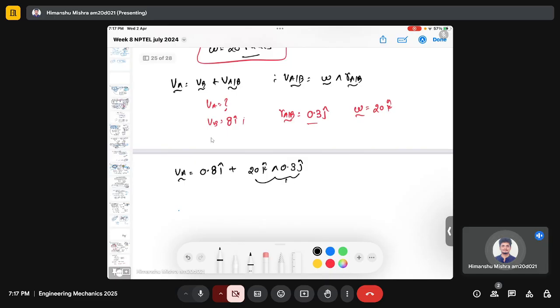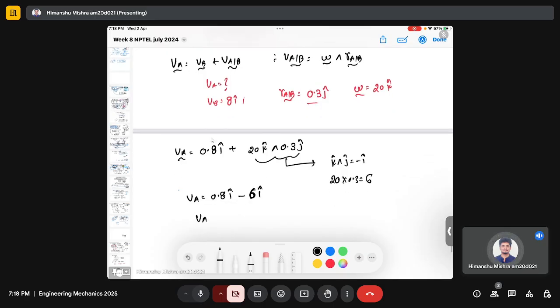We can evaluate this term first. The cross product between k cap and j cap will give the answer in the minus i direction, and the magnitude will be 20 multiplied by 0.3, which is 6. So the above equation is VA equals 8i minus 6i.